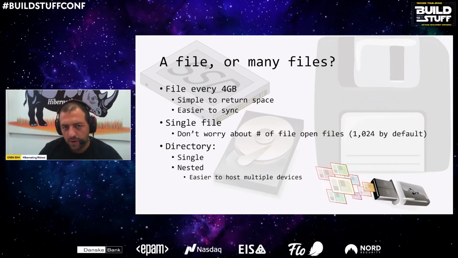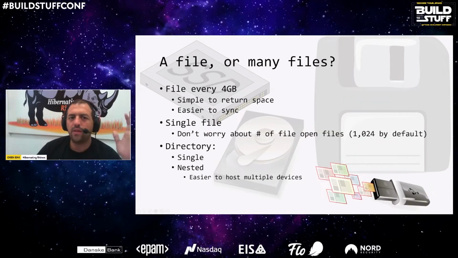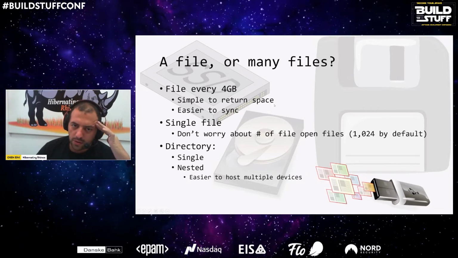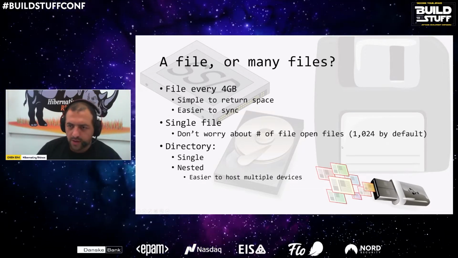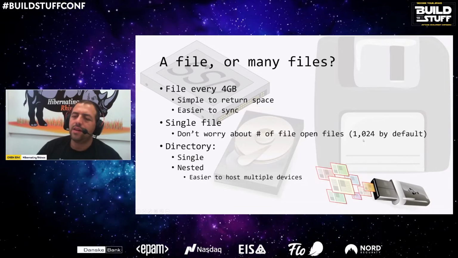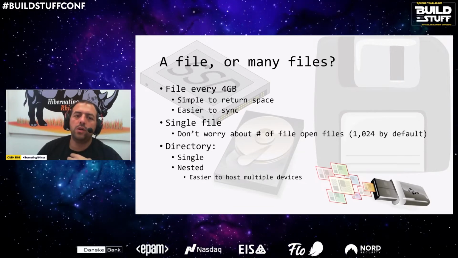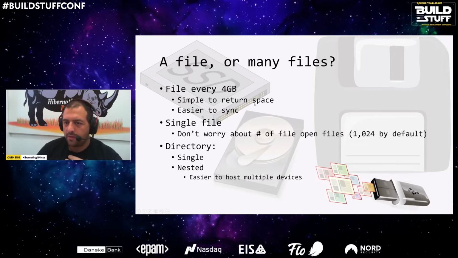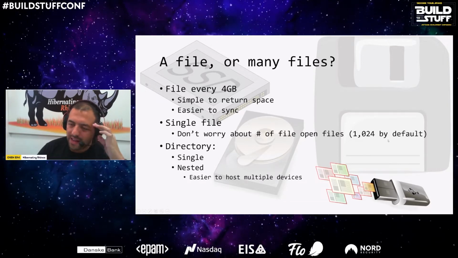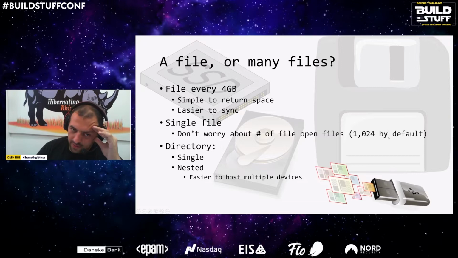So this is basically what we just talked about. A file every 4 GB is simpler for returning the space. There is a downside, on the other hand. If I'm talking about a file every 4 GB, then at 4 TB, I might be hitting this limit.